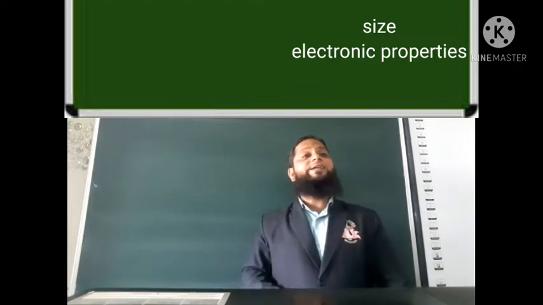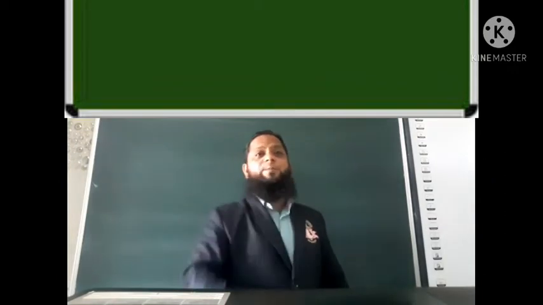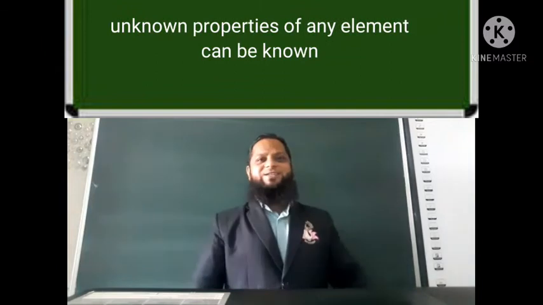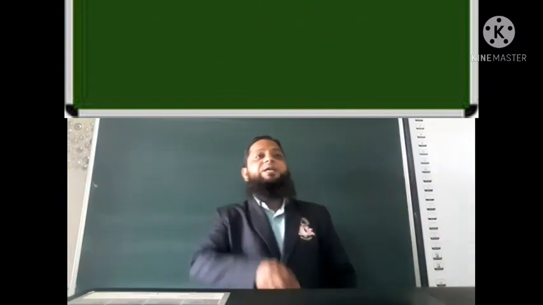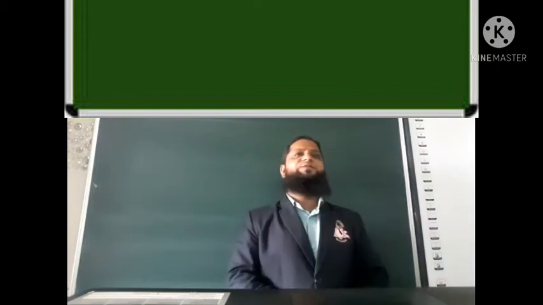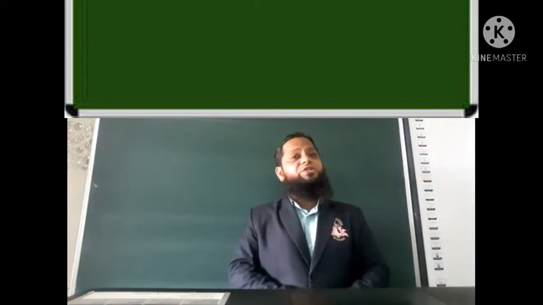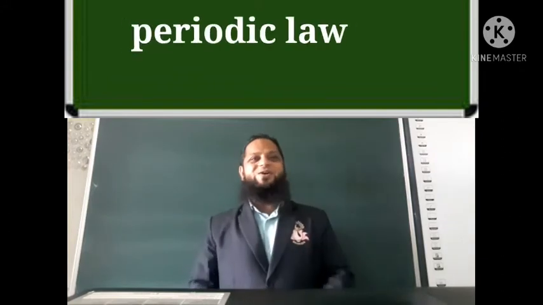Due to the periodic trends, the unknown properties of any element can be partially known. These trends emerged out of the specific arrangement of elements due to the periodic law.